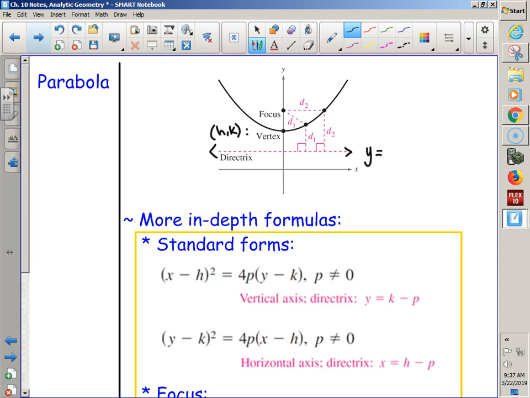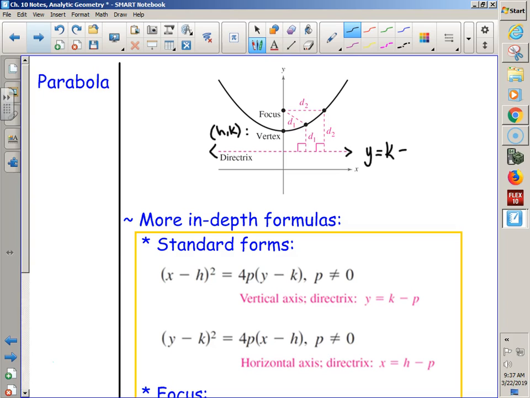So isn't the directrix some sort of K, the Y value, take away something? So K take away some sort of distance. If it was tick marks of 1, we could totally say 1, but what if they're tick marks of 2 or 5 or 10? We'll get back to that in a second as to what those tick marks are. But do you guys see how the distance from the vertex to the directrix and the vertex to the focus are the same?